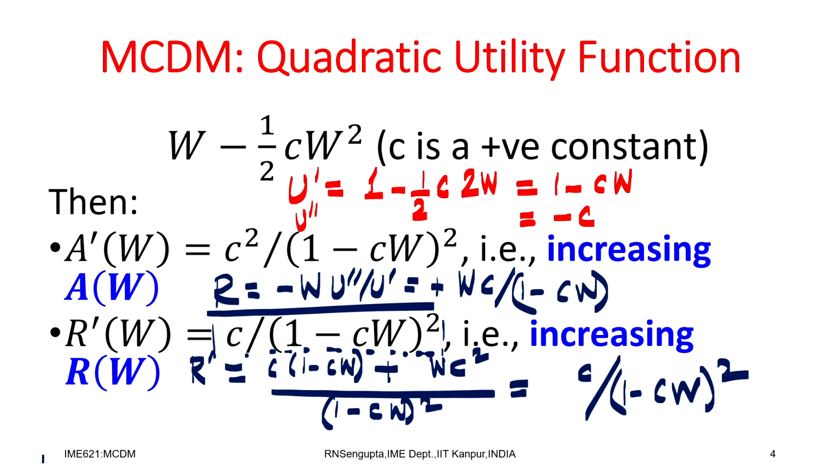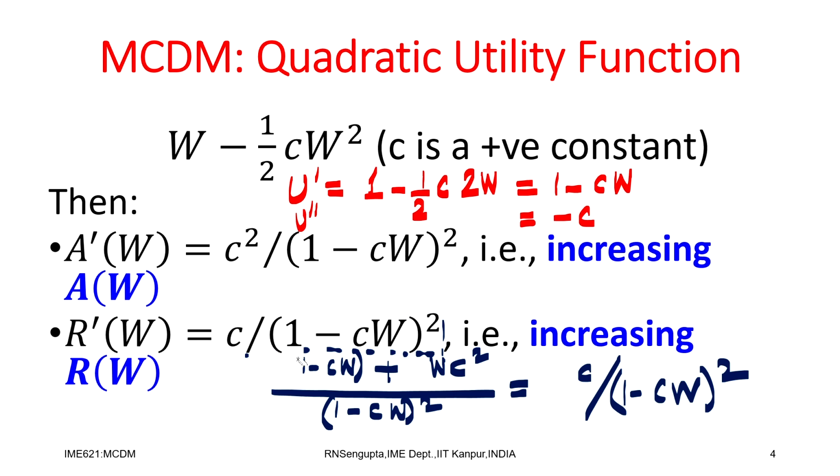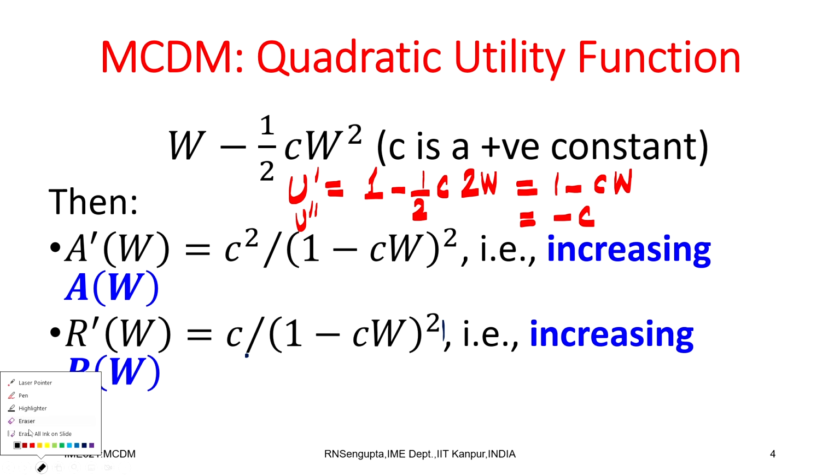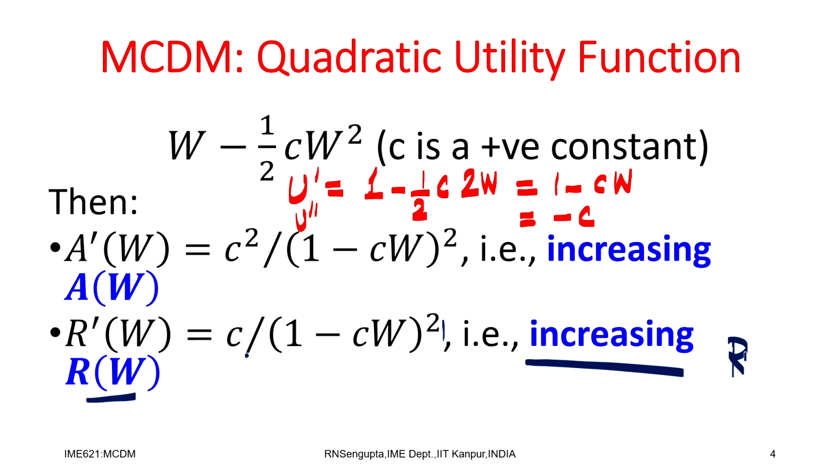With c being positive and the denominator 1 minus c w square also positive, obviously you will have an increasing relative risk aversion property, which is r prime greater than 0. So, quadratic utility functions with c positive have both increasing a and increasing r.